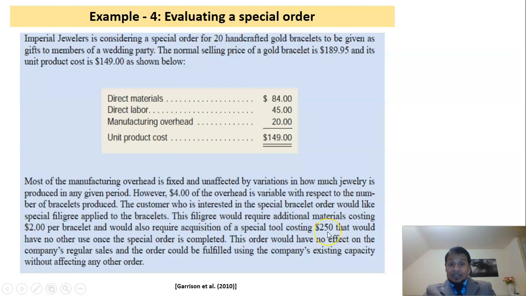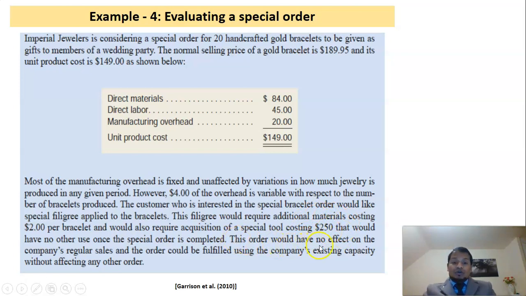So this is relevant, though it is a fixed cost, but it is a traceable fixed cost. Traceable means this relates only to this particular special order. If you make this bracelet, you need to buy it. All right, and after producing this special bracelet, this equipment has no other use. So the total cost is only for this order.